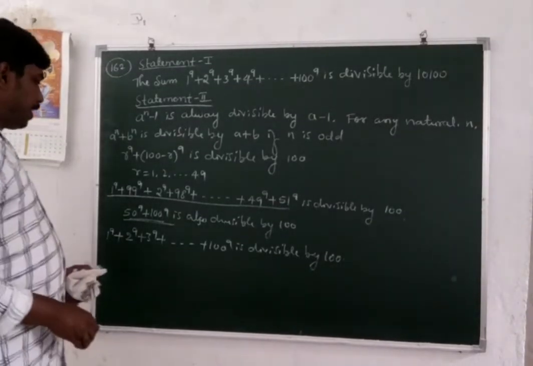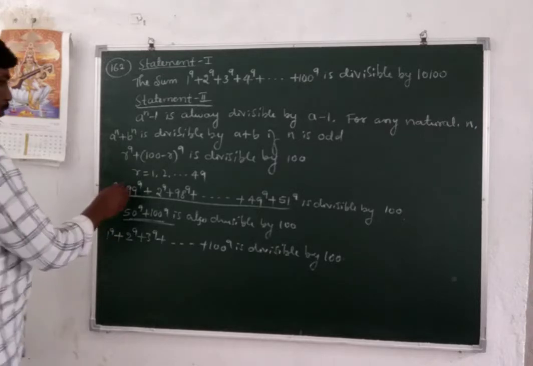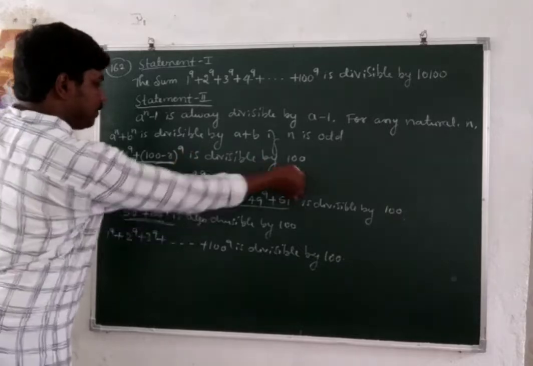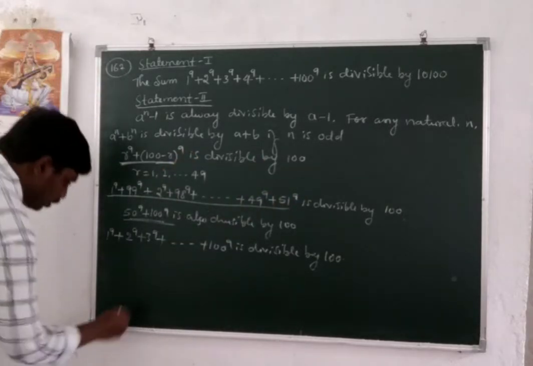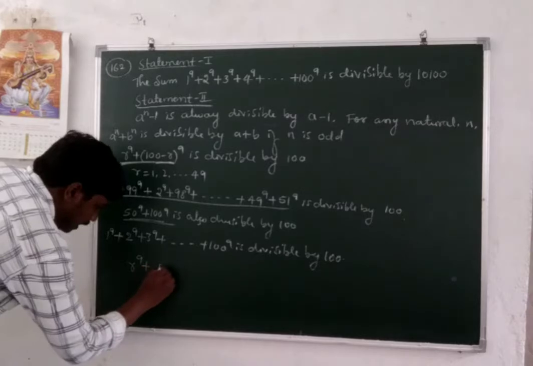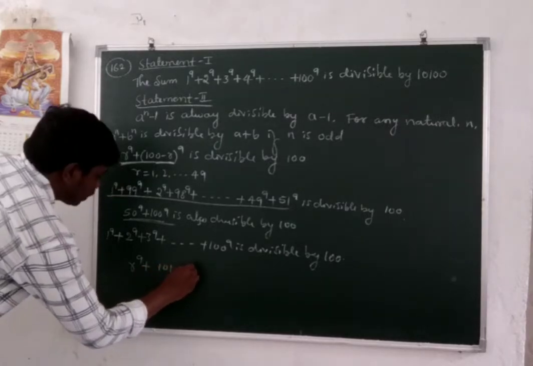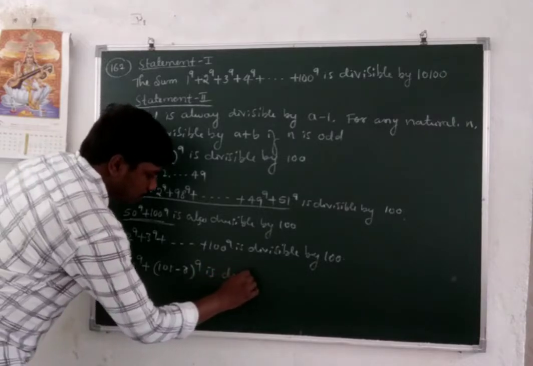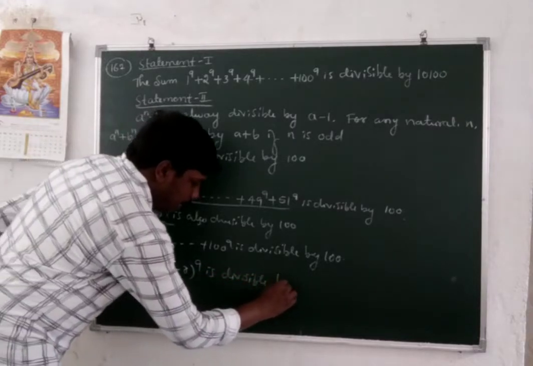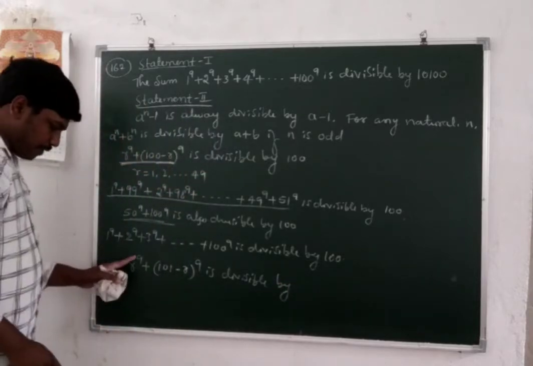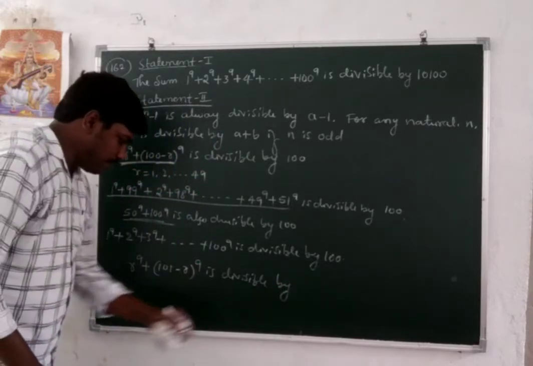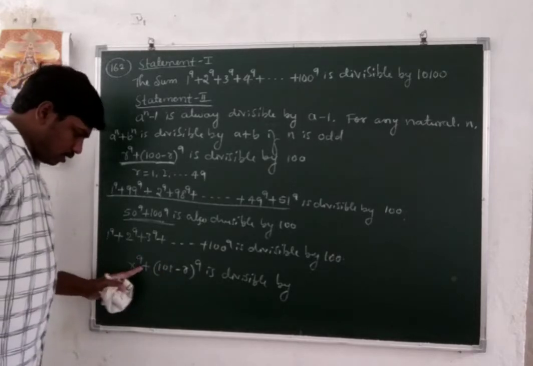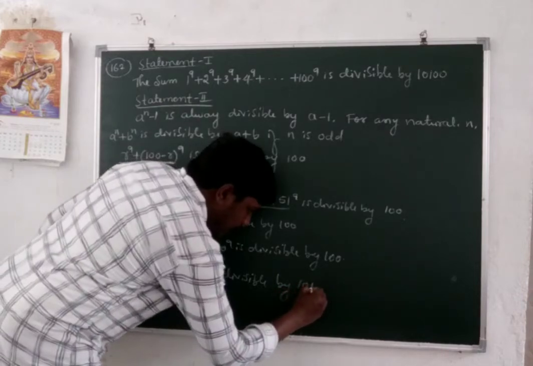Again, look here: just as we wrote r power 9 plus (100 minus r) whole power 9 is divisible by 100, in the same way we can write r power 9 plus (101 minus r) whole power 9 is divisible by 101, since a plus b is 101.